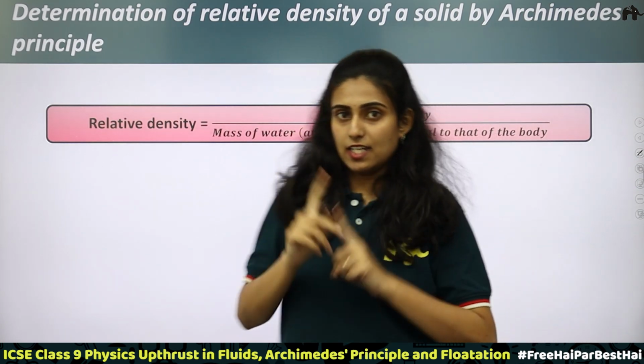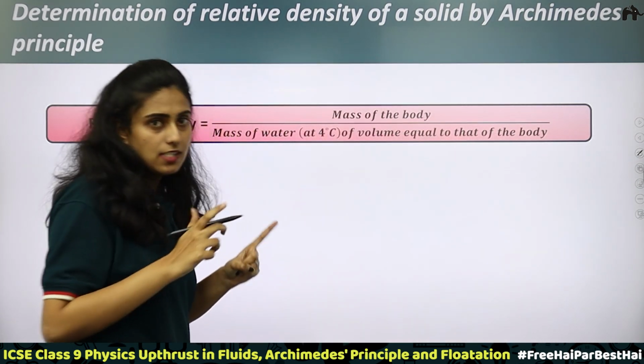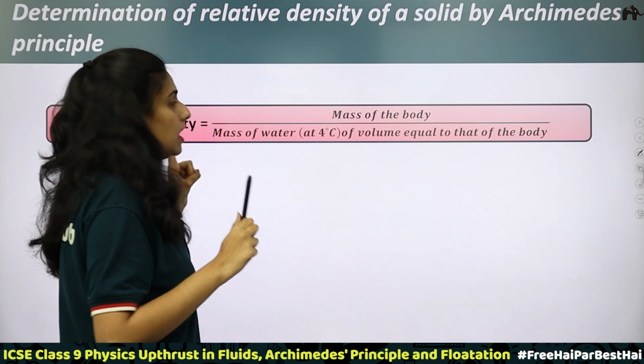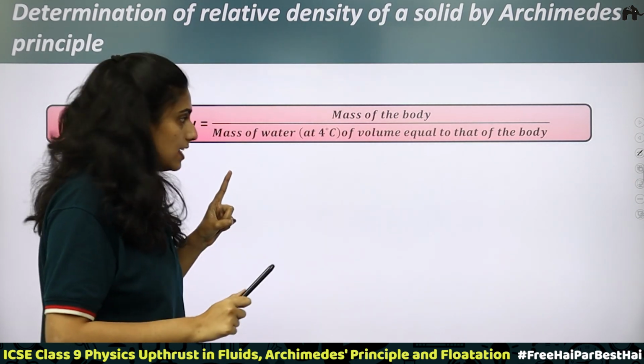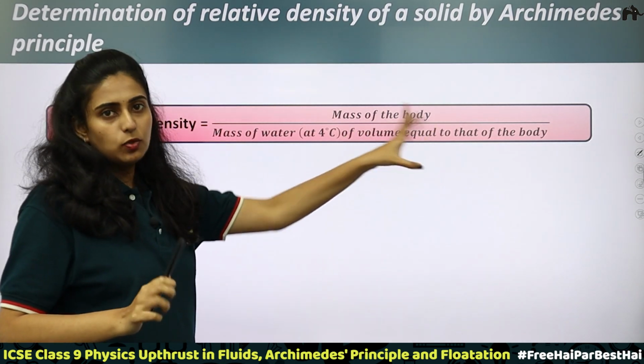So, here we have relative density. We have defined relative density as the mass of the body divided by the mass of water at 4 degrees Celsius of volume equal to that of the body.